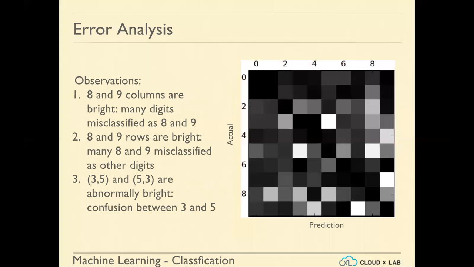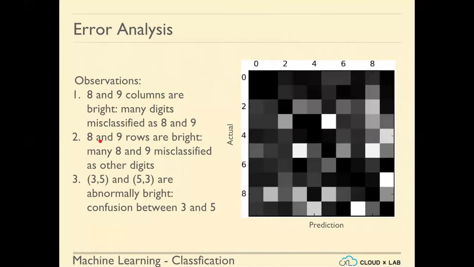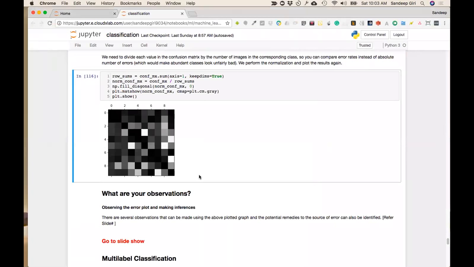7 and 9 are, yes, it's not alone 8 and 9. 7 and 9 are getting confused more. Maybe there's a mistake here, but if you take a look at this, this is 7, right? 7 and 9 are getting confused.